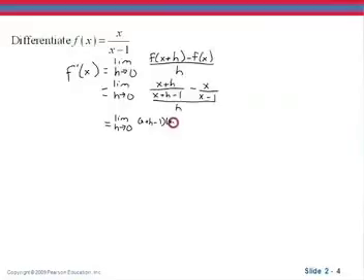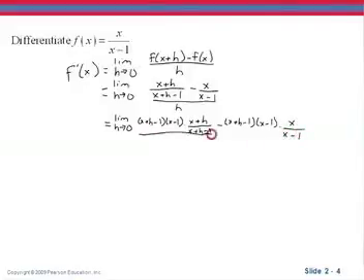So that will be x plus h minus 1 times x minus 1 times x plus h divided by x plus h minus 1, minus x plus h minus 1 times x minus 1 times x divided by x minus 1.